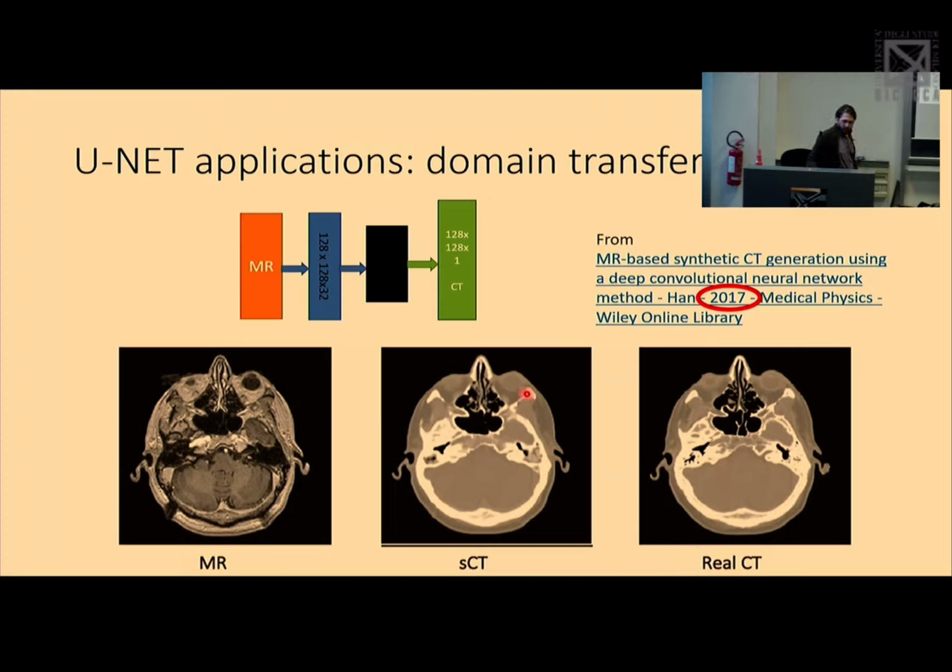And it's relatively interesting to look at the lower slices of the head, because if you go to the higher slices of the head, every head is the same. The bone, which is the most interesting part for radiation therapy because bone attenuates radiation, is basically just a circle. So for a neural network, it's pretty easy to know where to put the circle.